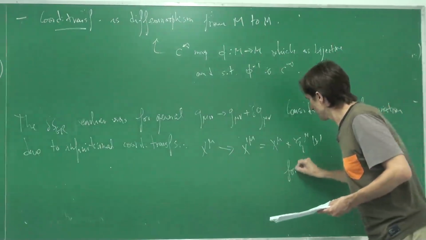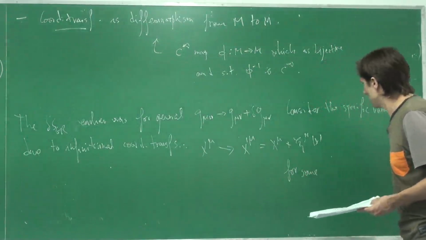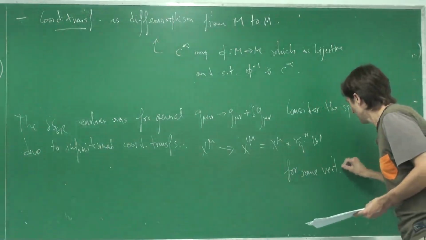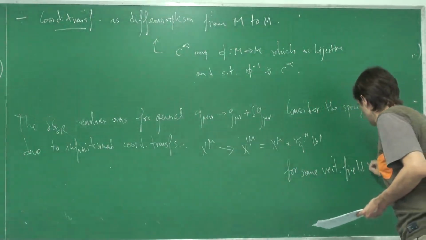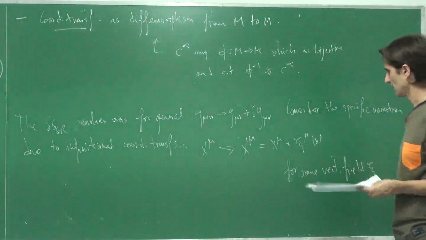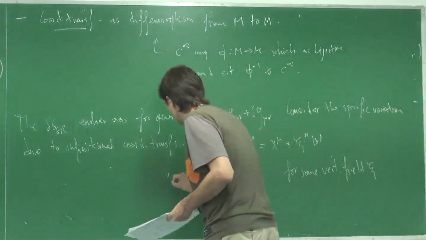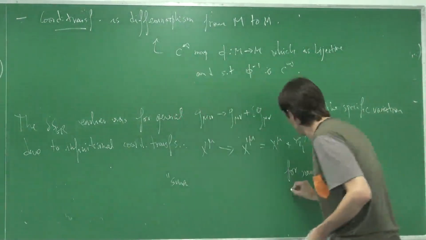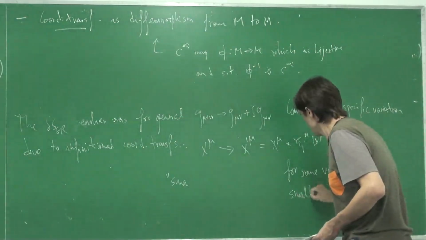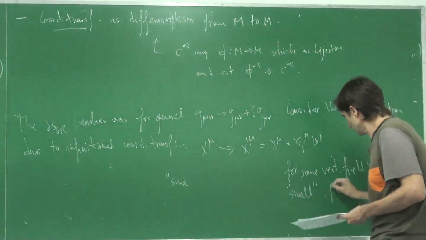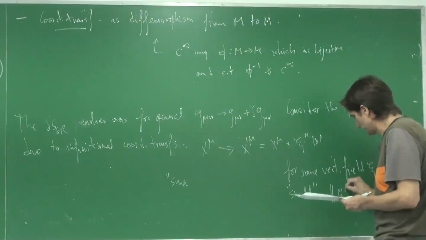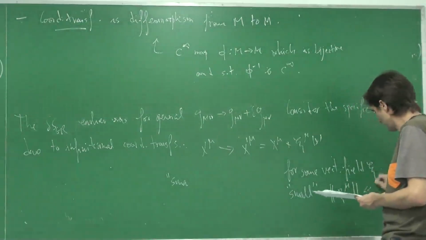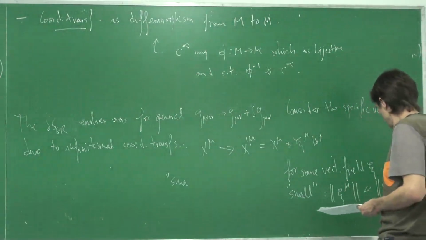This is for some vector field psi, and it's small in the sense that the magnitude of the components is much smaller than x mu.